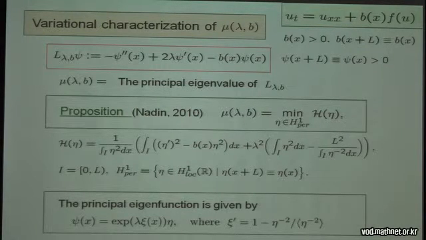Anyone here can check it by tomorrow by himself or herself. All you need is just to differentiate it and look at the Euler-Lagrange equation, and it turns out that it indeed gives the eigenfunction.